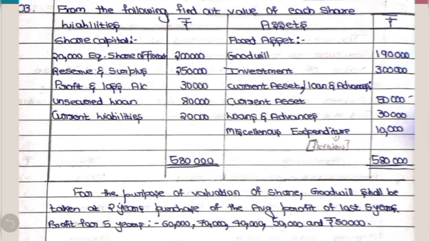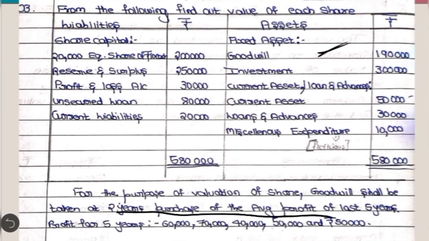Now coming to the first step calculation, that is net asset available for equity shareholders. Under the fixed asset, they have given the book value of goodwill to be 1,90,000, but it is given that we have to value the goodwill on the basis of 2 years purchase of the average profit of the last 5 years. Okay, and that is going to be the present market value. So what is the formula we use for calculating the value of goodwill under purchase of average profit method?